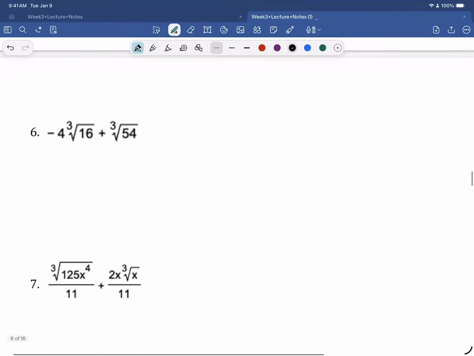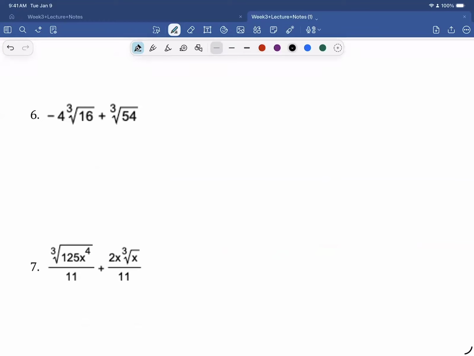All right. Next one, third root of 16. So we have to think about perfect cubes. So 1, 8, and what, 27, 64, 125, these numbers, right?